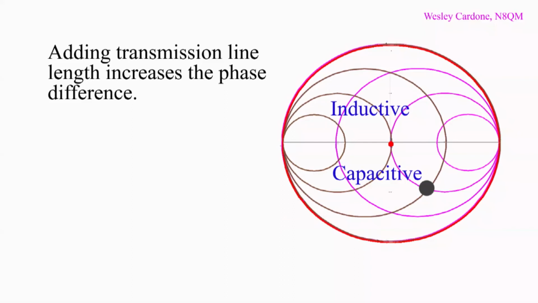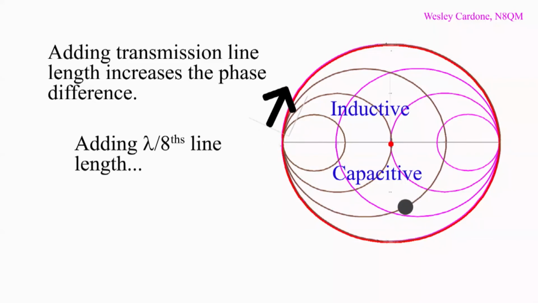Prepare to receive an all-new concept regarding the Smith chart. This concept will be incredibly valuable to you. As you add transmission line length, you increase the phase difference, or in other words, you increase the time that it takes to travel the entire length of the wire. Adding 1/8 wavelength brings you up 90 degrees in the circle. But here's the important thing to recognize about what is going on.